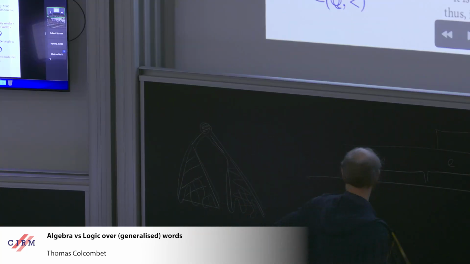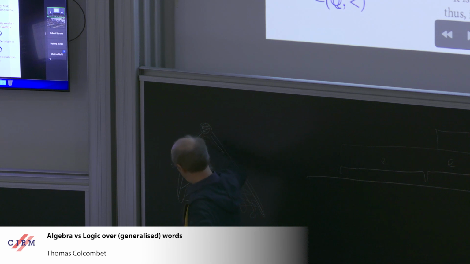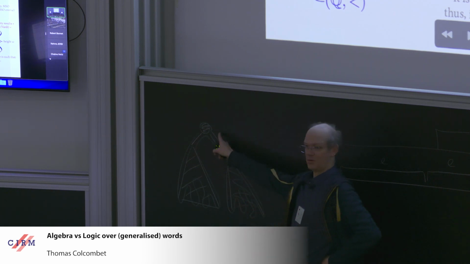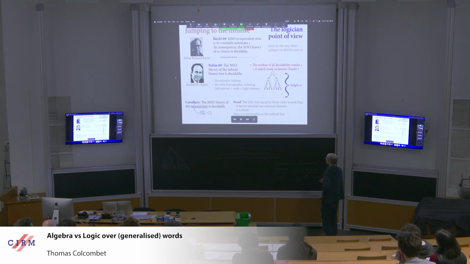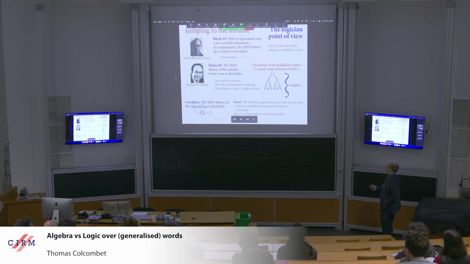It has no minimal point because you have an infinite descending chain of nodes on the left branch. It has no maximal point because you have an infinite ascending chain of nodes on the right branch. It is countable because there are countably many nodes in the infinite binary tree. So as a consequence, it is isomorphic to the rational line.